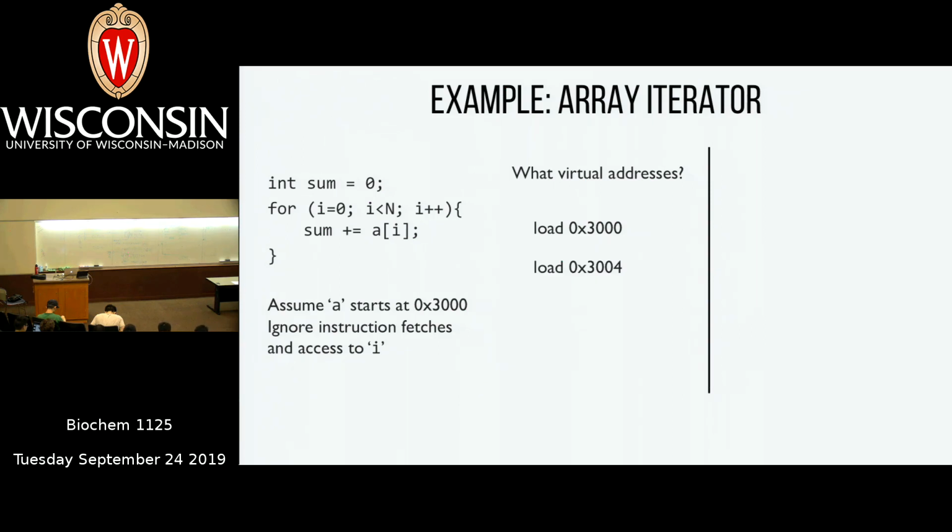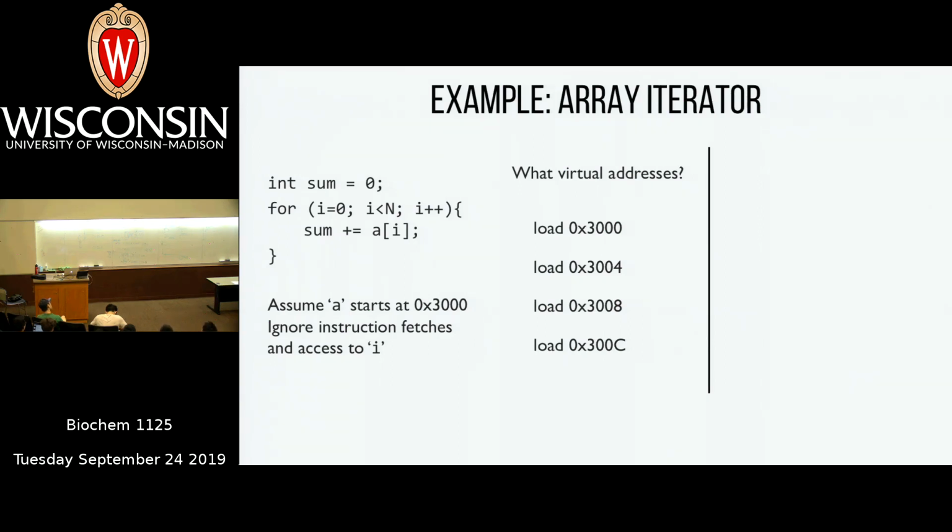Then our next access, when I is 1, will be 4 bytes away from that, since that's the size of an int, and we'll load from this virtual address, and so forth. We just keep incrementing our address by 4 bytes, and of course 8 plus 4 is C, since we're going to get very comfortable with our hex arithmetic. Okay, so everybody agree with me there that those are the virtual addresses this program is generating?